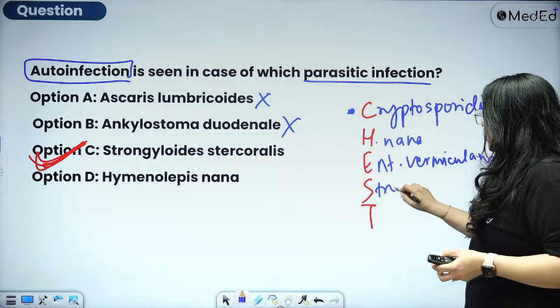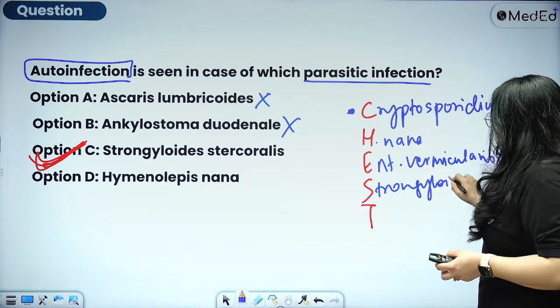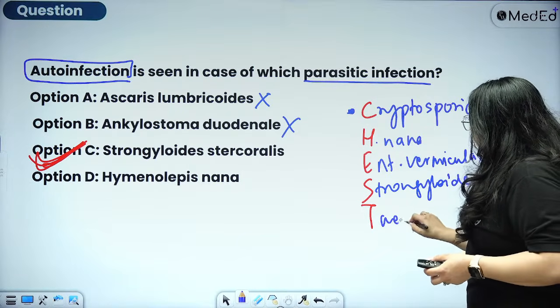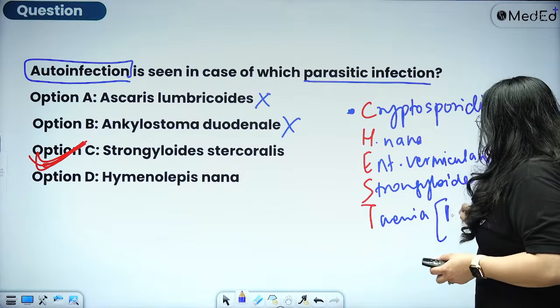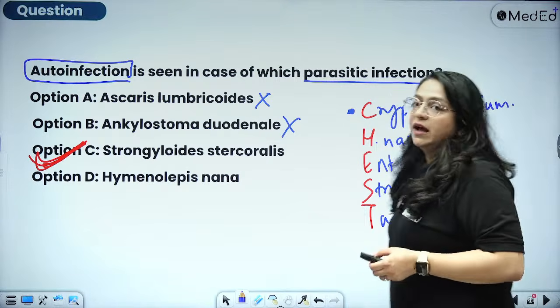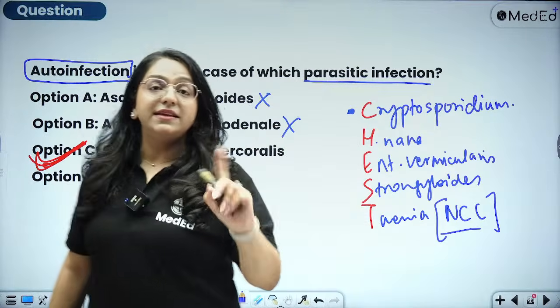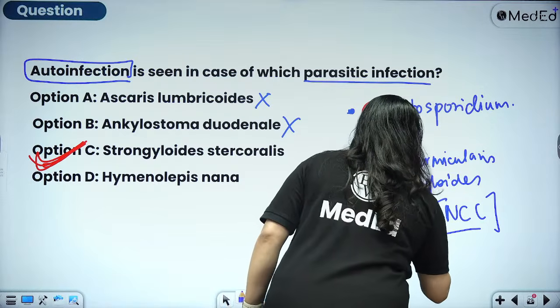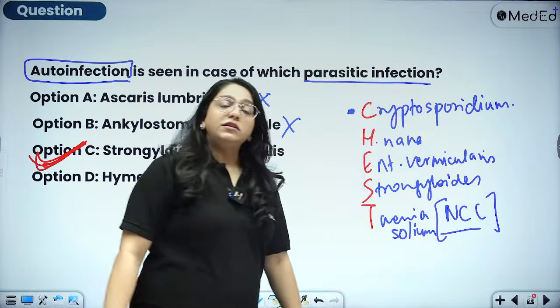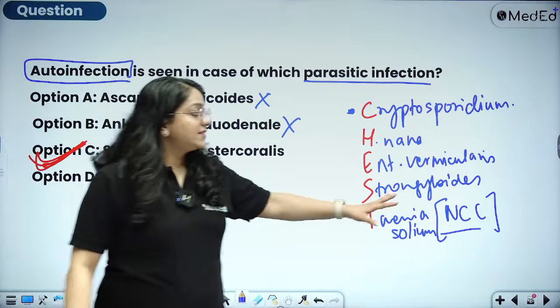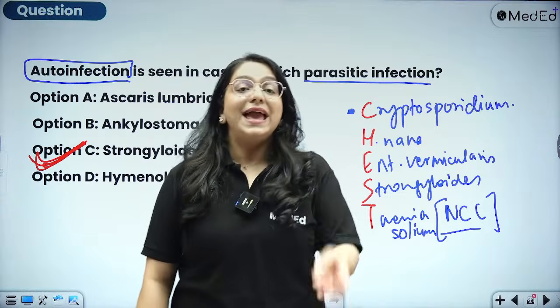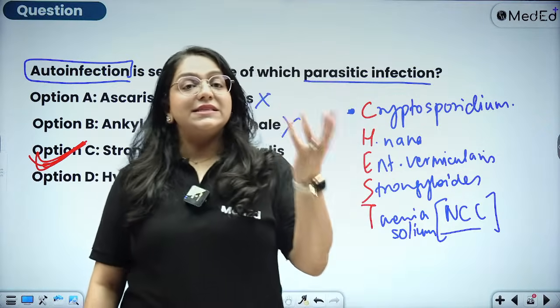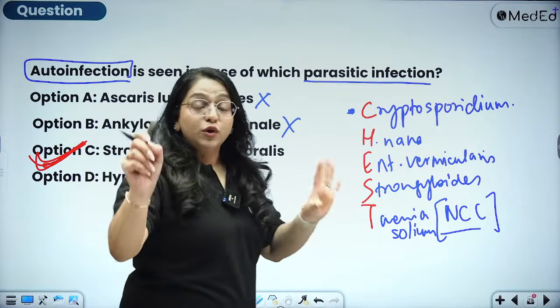Then Strongyloides and Taenia. But which Taenia? Only the neurocysticercosis Taenia, not intestinal taeniasis. So only Taenia solium, not saginata. Not the pork tapeworm intestinal form, but the cysticercosis one in which you are ingesting eggs, not the one in which you are ingesting larva. I hope you understand what I am saying.